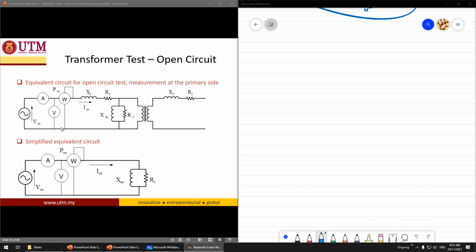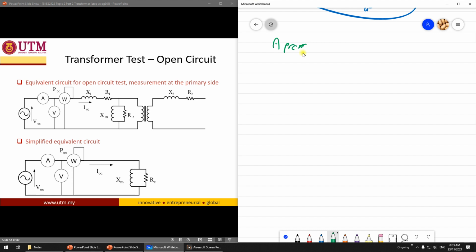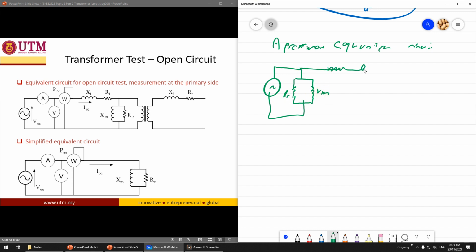Open circuit test. Basically you use the approximate equivalent circuit. If you do an open circuit test, you have RC and XM here, and then you have R equivalent and X equivalent, REQ and XEQ.